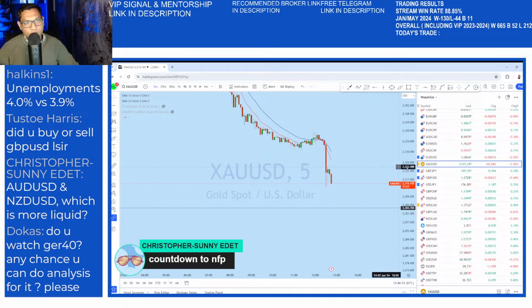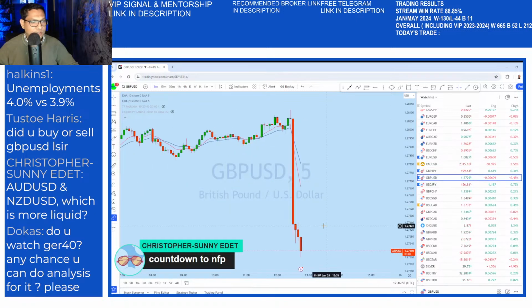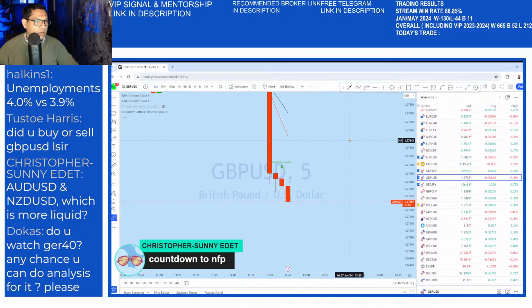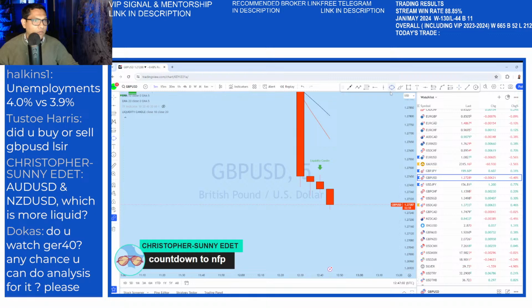The trend is still downside. Patience. There is a 5 minutes liquidity candle formation on GBP USD. So we saw that there was a liquidity candle formation.